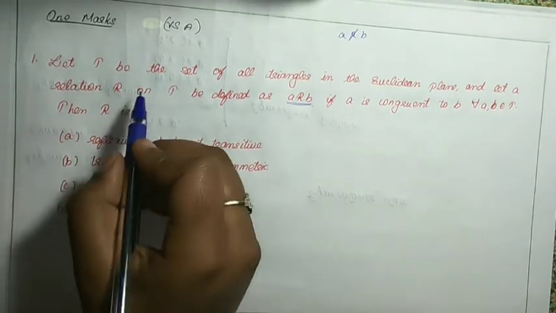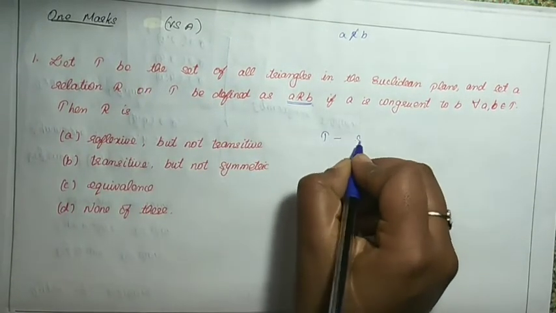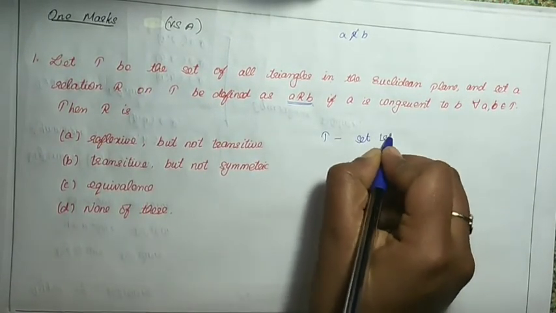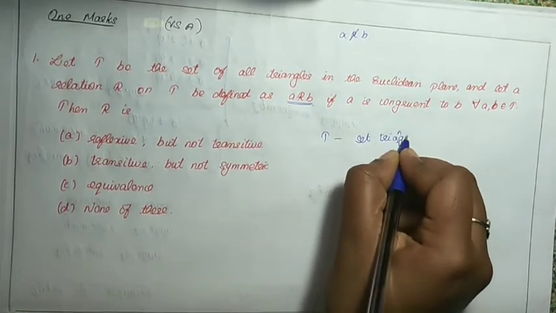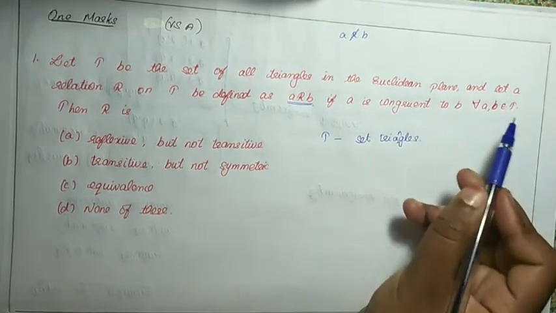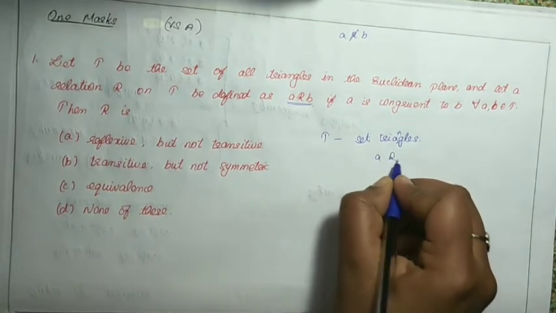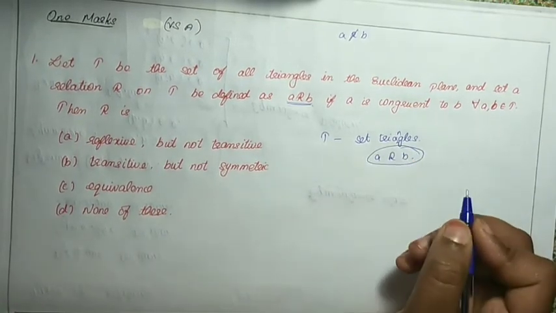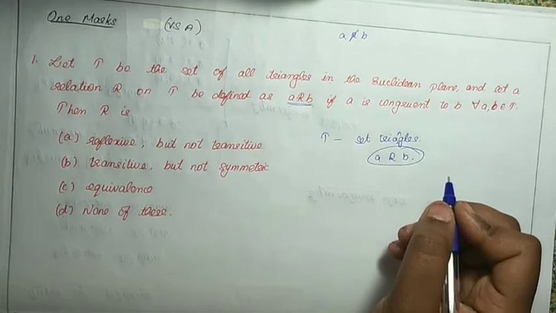So now let us read this once more. They have given that T means the set of triangles in the Euclidean plane, and R is a relation saying that A is related to B. That is the only thing. They have asked whether it is reflexive, transitive, symmetric, or none of these.